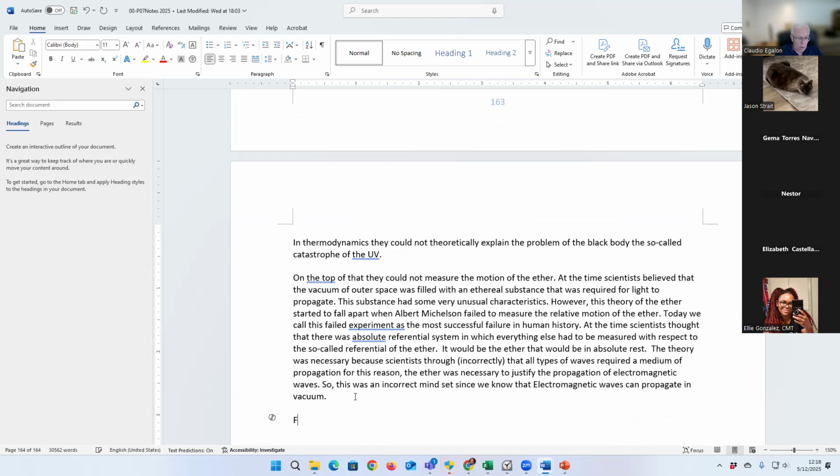So for this reason, scientists were trying to measure not the motion, but the relative motion of this absolute referential with respect to the motion of Earth.